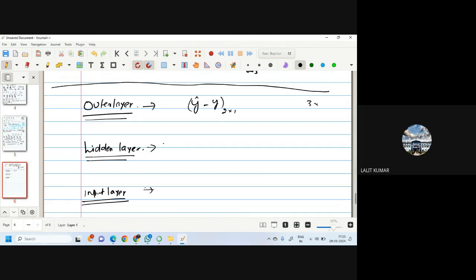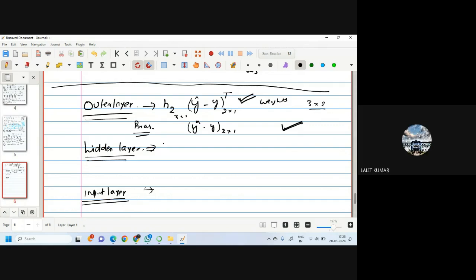We needed 3 into 2. We multiplied this with h2, which is 3 into 1, transposed. This is for the output layer, and this is for weights. When you do it for bias, you don't use this. You just write down y hat minus y, because bias is 2 into 1. This is clear?